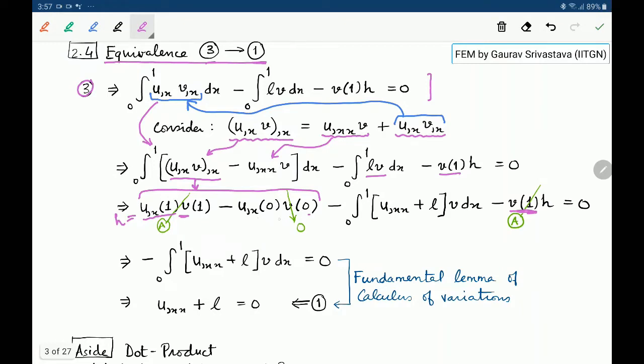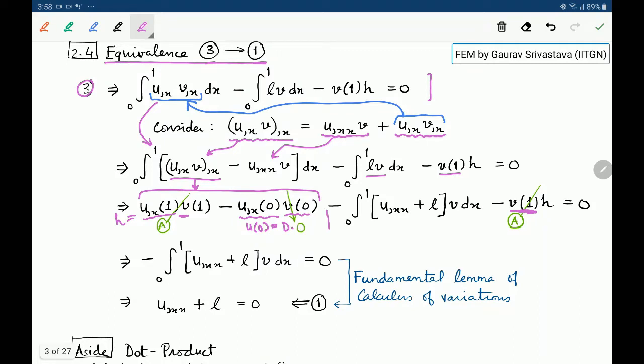And this second term, u comma x at 0 times v at 0: here v at 0 will be 0 because u at 0 is a Dirichlet condition, and because of admissibility reasons v at 0 must be 0, and hence this term goes away.